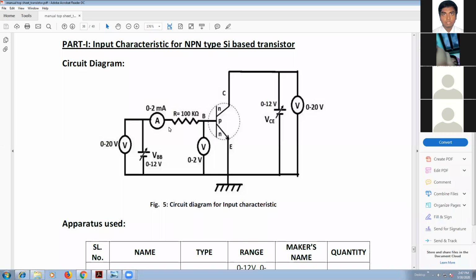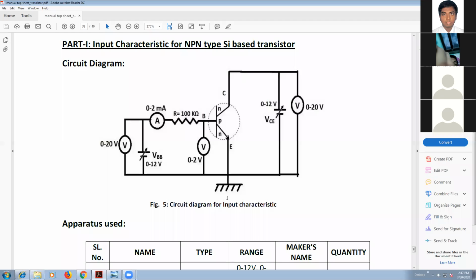So first you make the series connection of the input side. Okay, got it. Then we have to make the series connection of the output side.